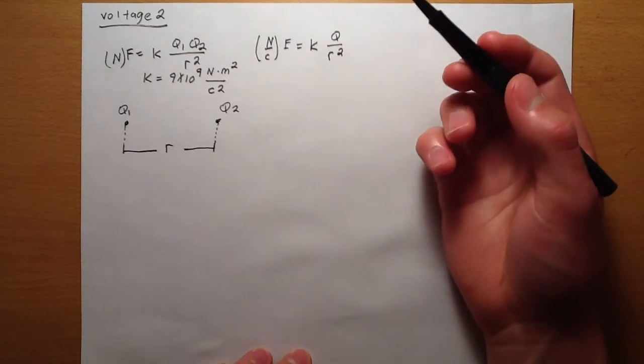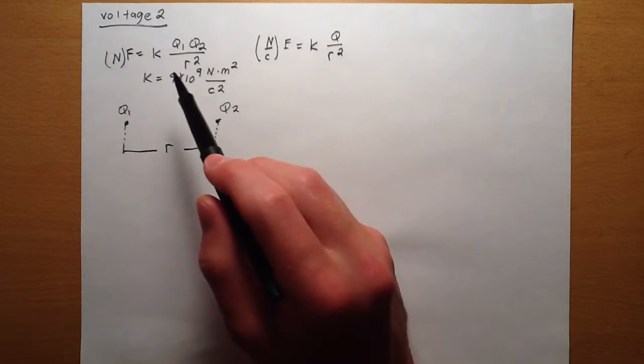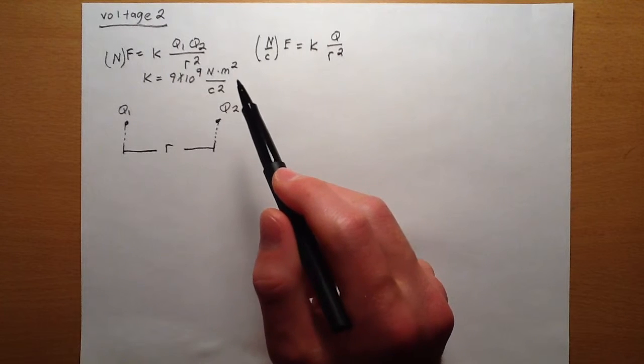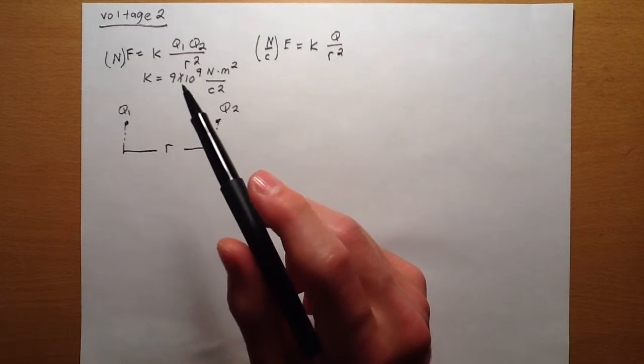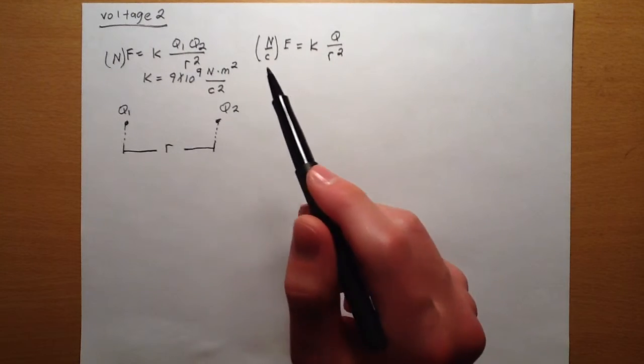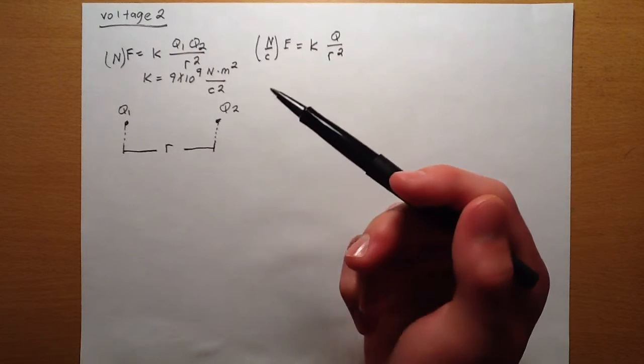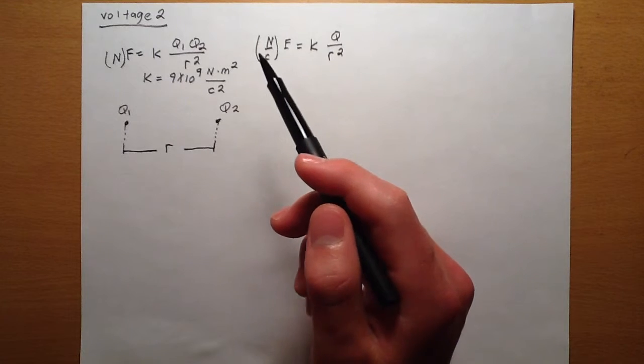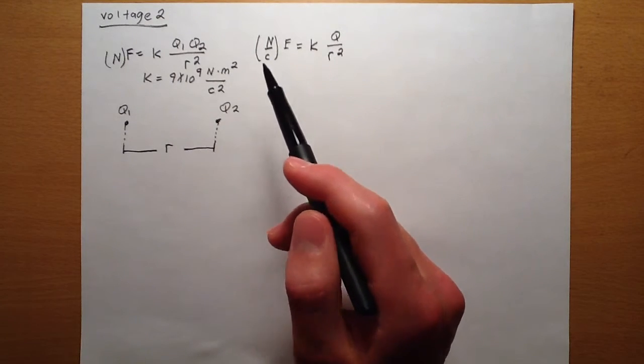This makes sense. These equations are very similar, but for electric field, there's one less charge in the numerator. We lose a C, so we have to add a C to the denominator for electric field.